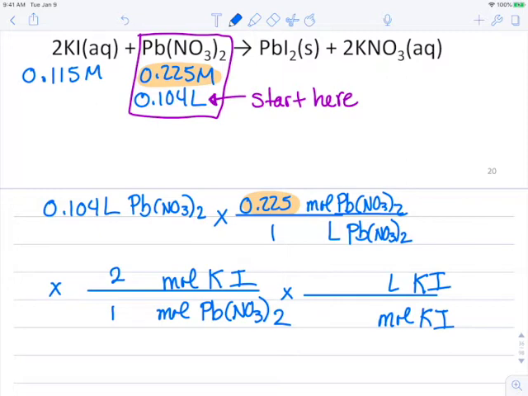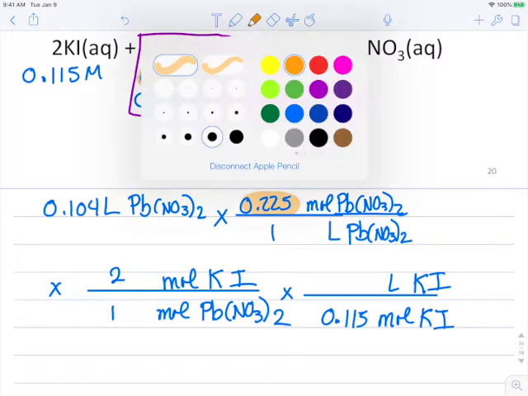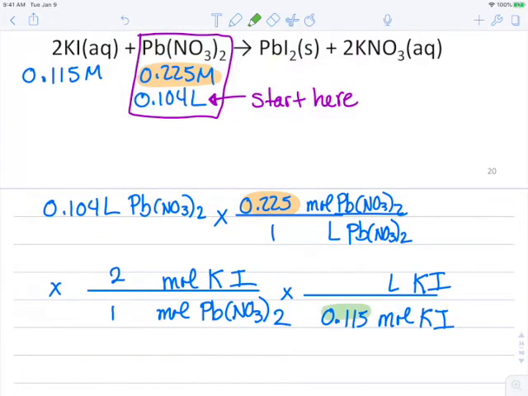And I know it looks different because it's on the bottom this time, but it follows the moles wherever they go. And I heard someone say 1 liter, and that is correct, 1 liter on the top. So any questions on how we set this up or about that 0.115 down here?